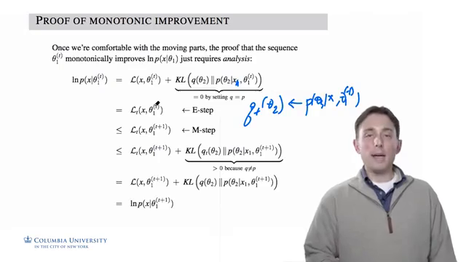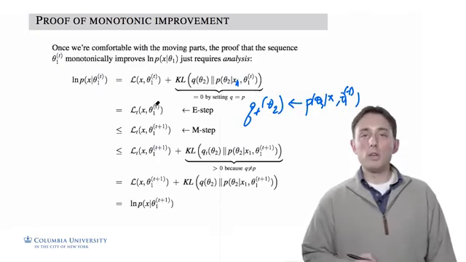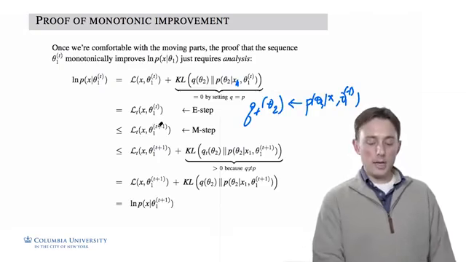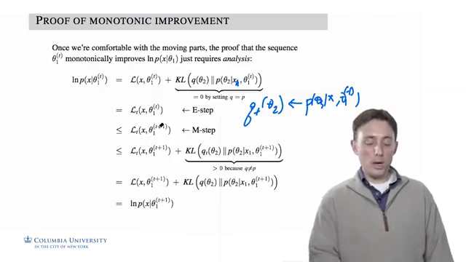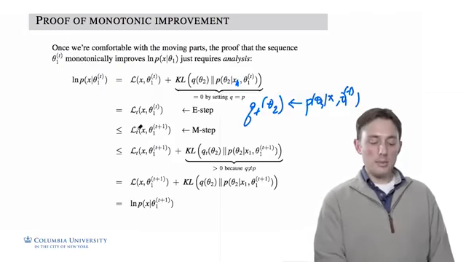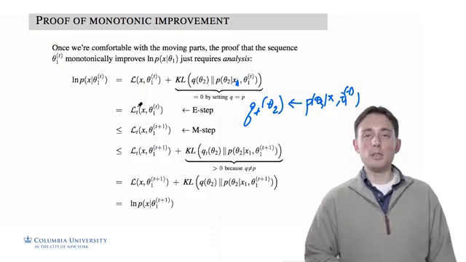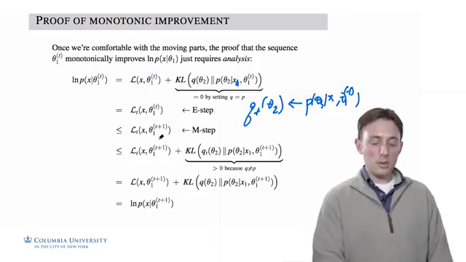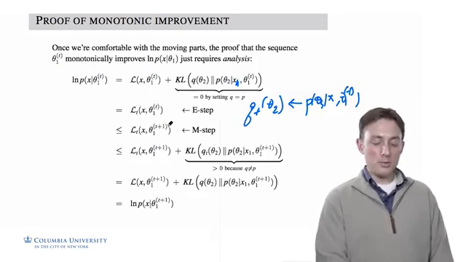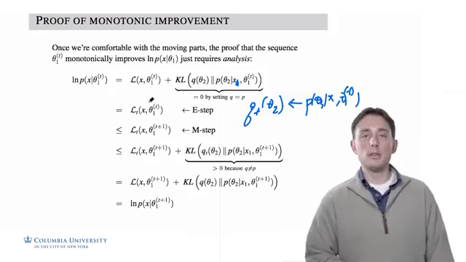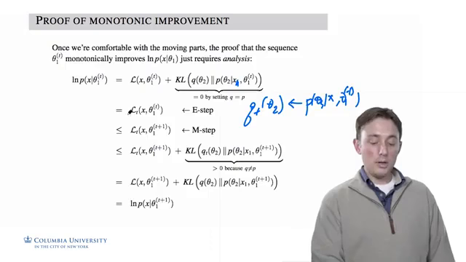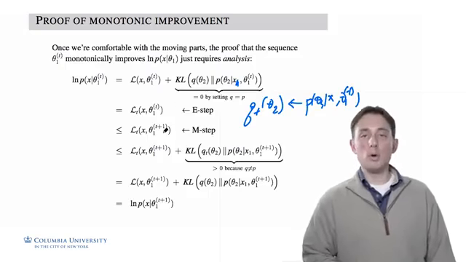So we know for a fact, even though we don't know what the specific value is that we get for theta 1 at t plus 1, we know that whatever value it is, it has to be greater than the value at iteration t here, right? So we have not proved that this is greater than this, but we have shown already that this has got to be greater than this, because we literally maximize this thing over theta 1 and set that to be equal to theta 1 at t plus 1.